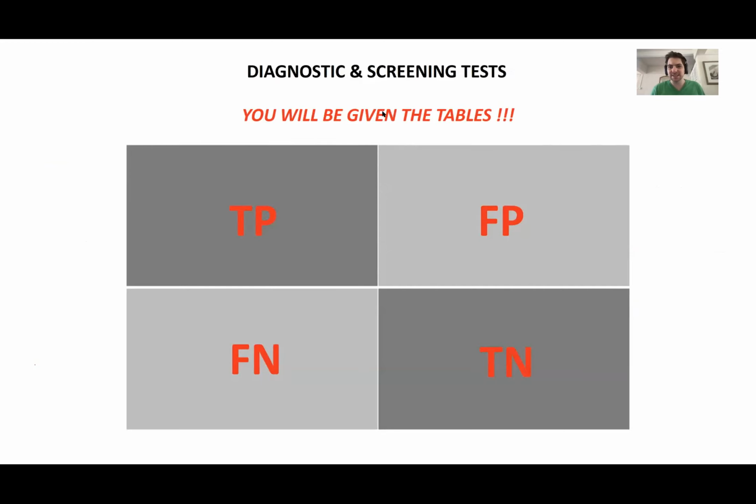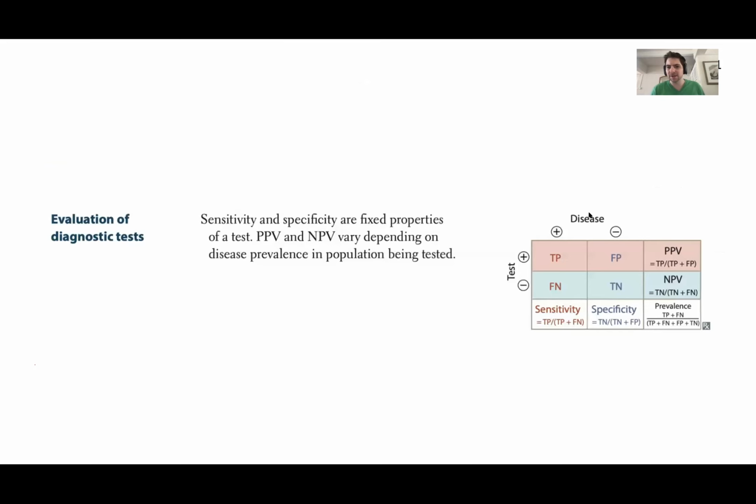Disease up top, so with sensitivity we're worried about everyone with the disease, and specificity, everyone without the disease. Positive predictive value is how good the test is at predicting positive results. Negative predictive value, we're going across horizontally, looking at how good a negative test is.